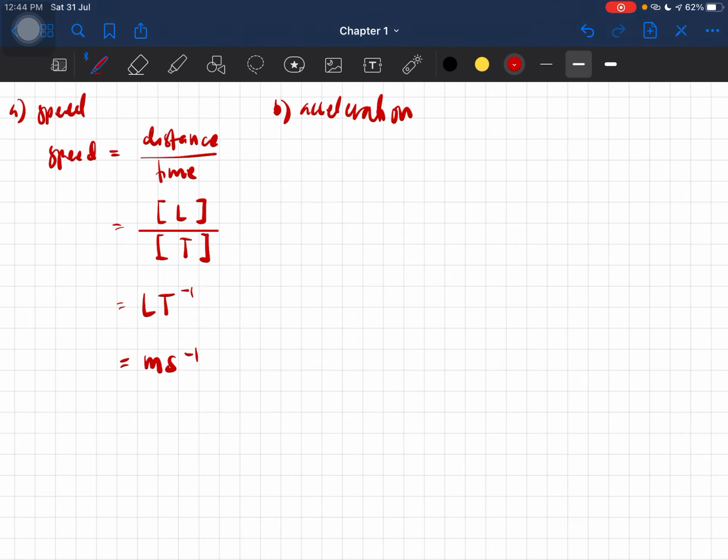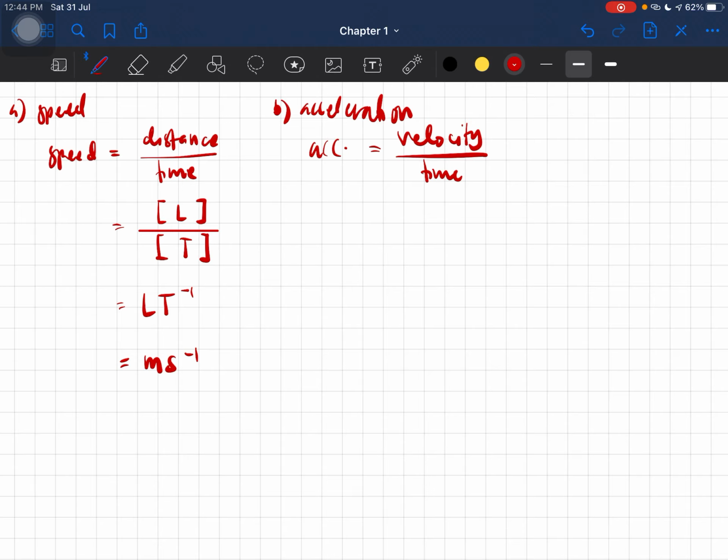Acceleration. Okay, so for acceleration, acceleration is equal to velocity over time, right?